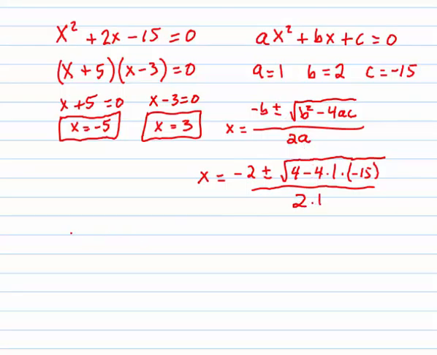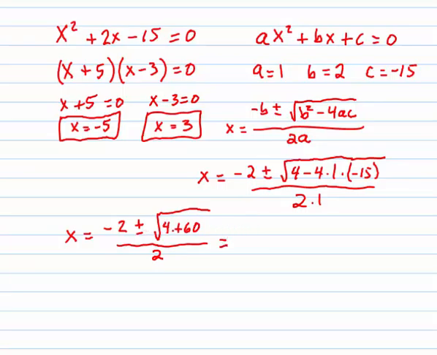Okay, so x is equal to negative 2 plus or minus the square root of, well, what do we have here? We have 4 times 1 is 4, 4 times 15 is 60, and the negatives become positive. 4 plus 60, or 64, over 2.